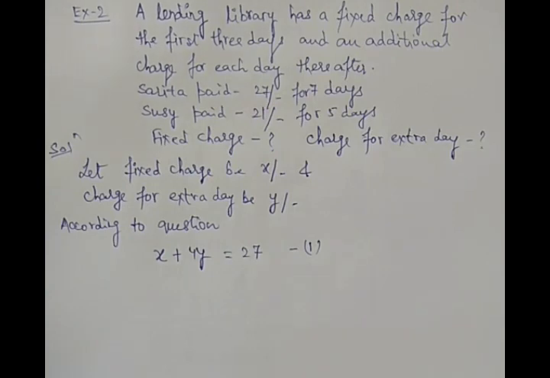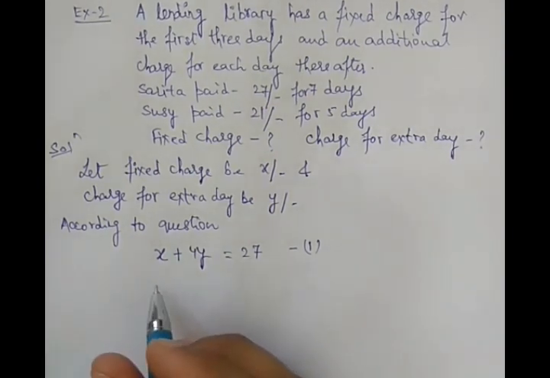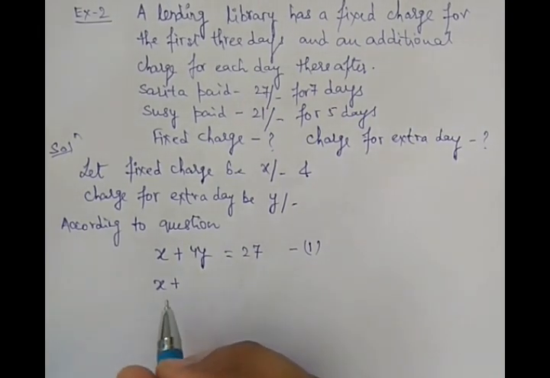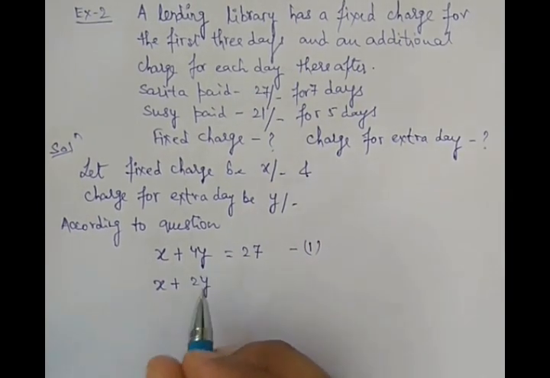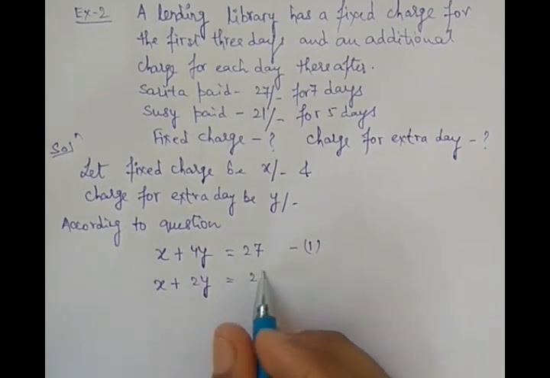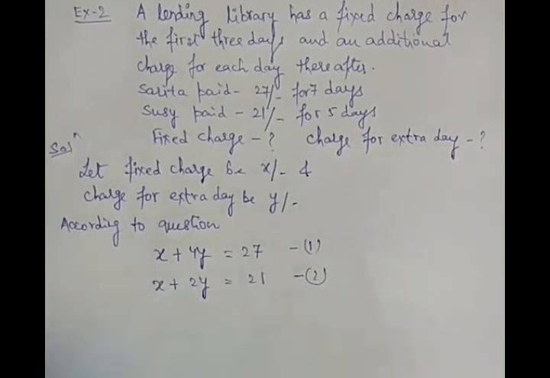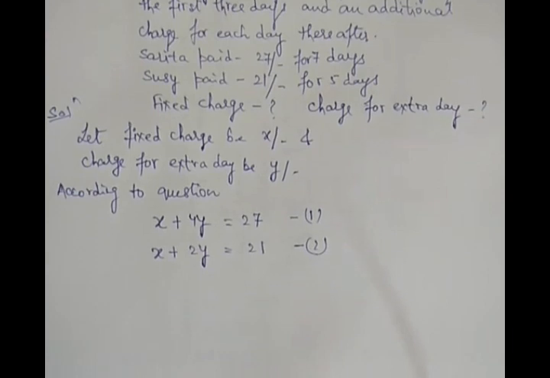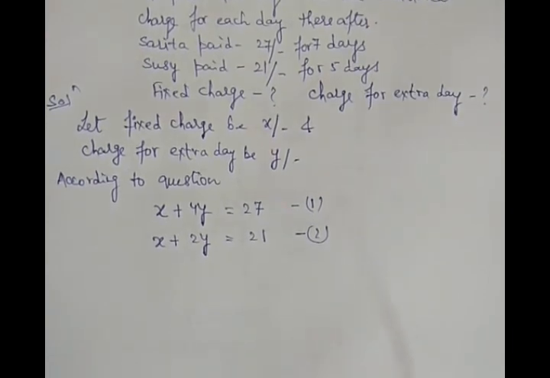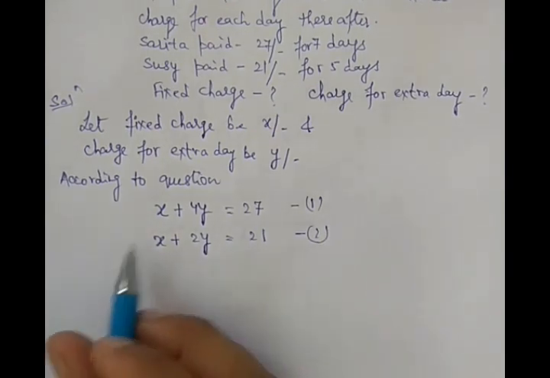Similarly, for the second candidate, Sushi, this will be fixed charge rupees X and then for the next 2 days this is 2Y and this is 21. Equation number 2.